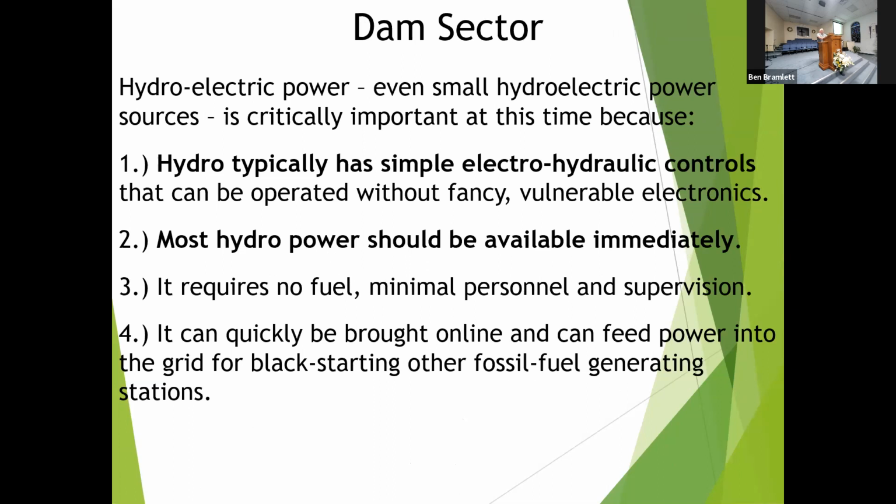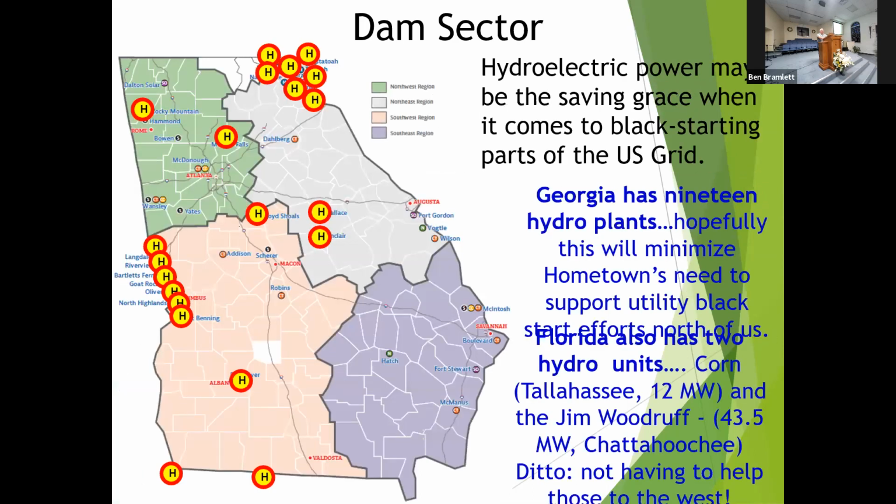Assuming nothing bad happened to the generators themselves, we should be able to bring them up relatively quickly and use some of that very reliable power to help bootstrap the rest of the utility. If you look at our nearest neighbors, Georgia has 19 hydro plants, and hopefully that'll help minimize our need to ship electricity north, maybe to the west or to the south.